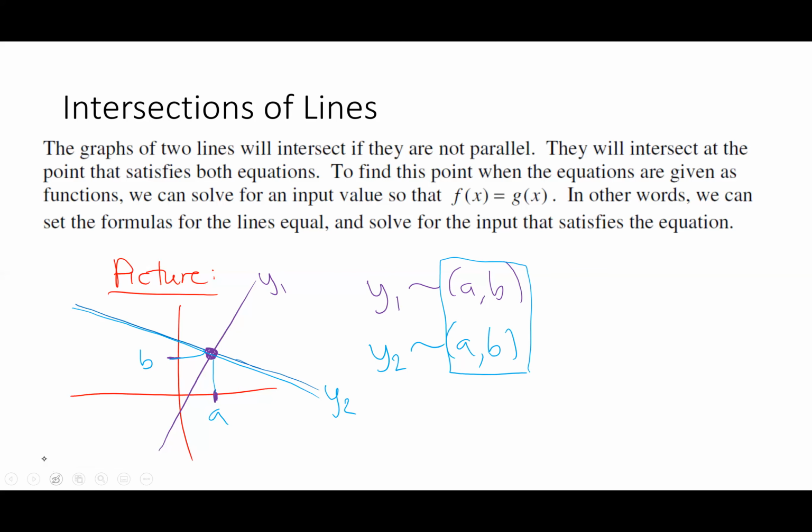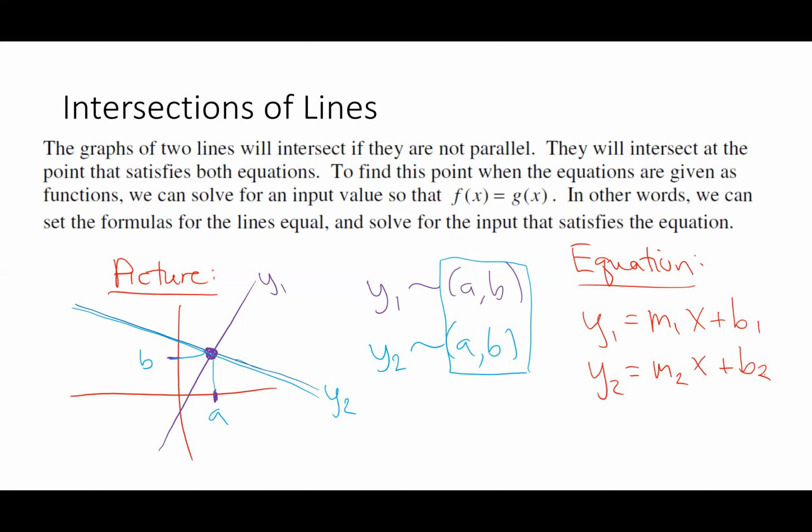So here's what we are granted license to do with the equation because of this, which is a big deal. Let's say I've got y1 is m1x plus b1, and the equation y2 equals m2x plus b2. Since these intersect, what I necessarily know is that they aren't parallel, because parallel lines will never intersect. So I know that these slopes have to be different.